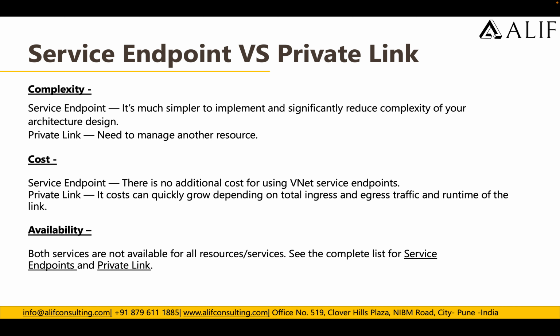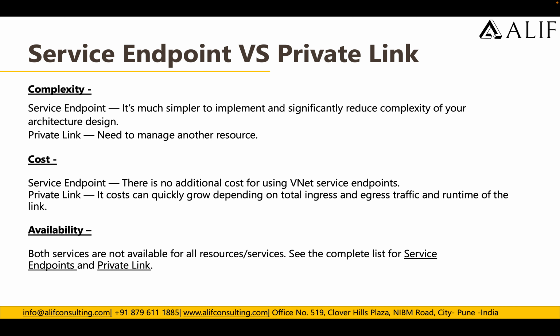Complexity: service endpoints have a little bit of complexity, and private endpoints have a little extra complexity because you need to manage the resources as well. Cost: there is no cost for having a service endpoint. With private link, there is a cost for DNS queries and for the data coming inside and processed through the private link.